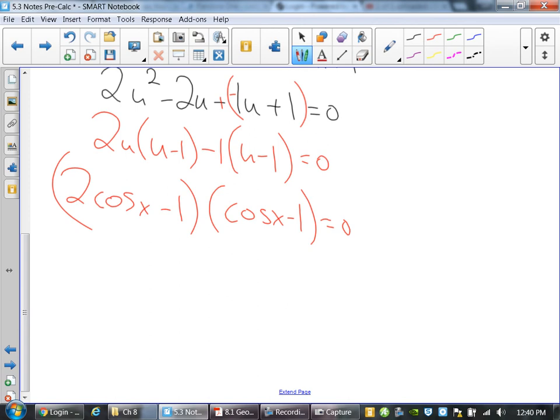Let me just do one that had cosine of 1. Or will I have a sine? I'll get my sines and cosines mixed up again. Add 1, divided by 2.